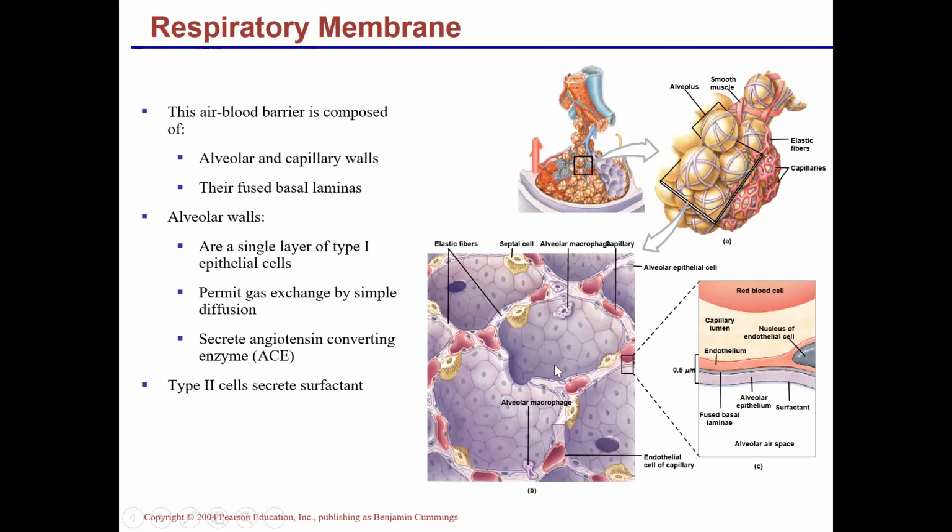So this is the type 1 cell, a simple squamous epithelial cell. Type 2 cells, also called septal cells, secrete surfactant. In this structure we can also see other cells like this one, macrophages. As you already know, they function in the immune system, trying to detect any abnormal particles in the area, because they are antigen presenting cells, right?